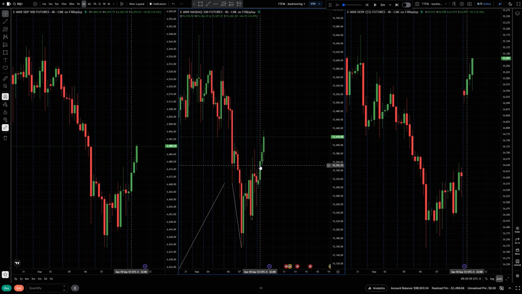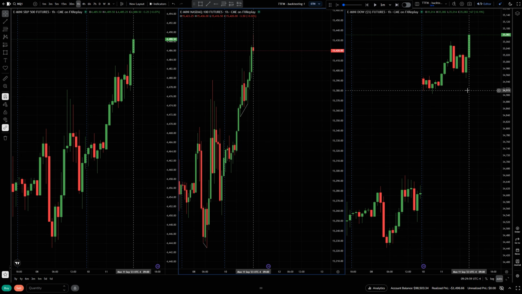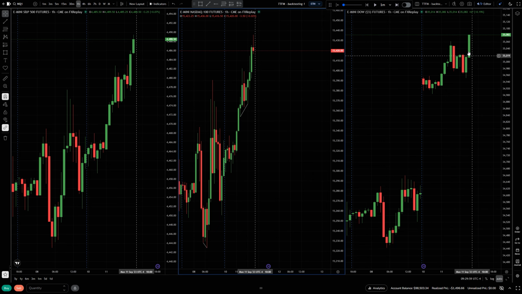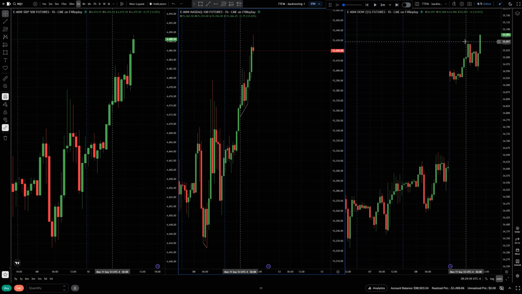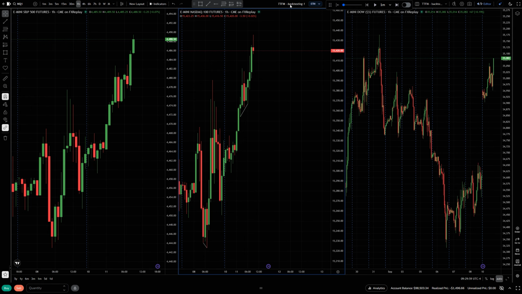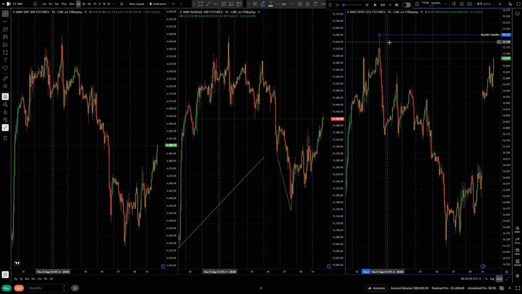This candle, this rally up created at 10 p.m. We can see that it took out this low right here, and then we also took out the high. We are just looking for this very relevant buy side liquidity pool.